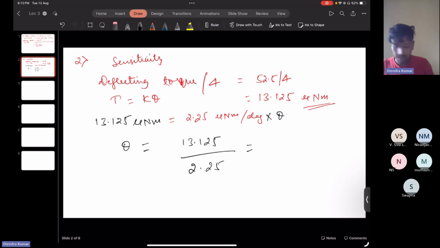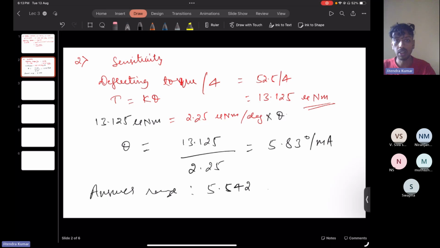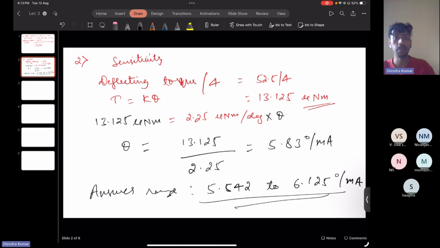Let me divide it. 13.125 divided by 2.25. So it should be 5.83 degree per milliampere. I hope you must have also got the same value, and the answer range was provided. Answer range was 5.542 to 6.125 degree per milliampere, isn't it? Any doubt in this problem?